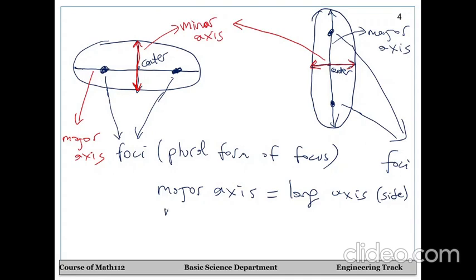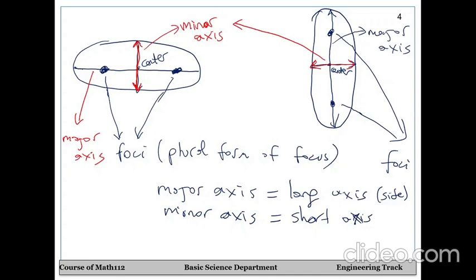You can take it as the short axis. The short one is always the minor axis.